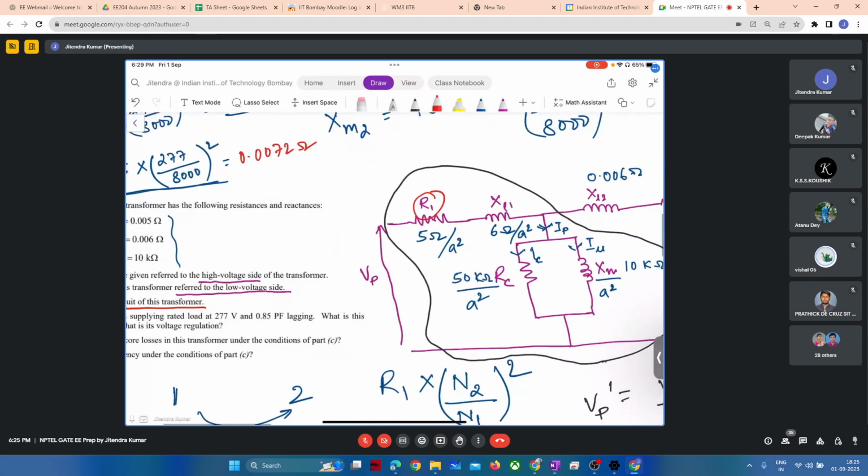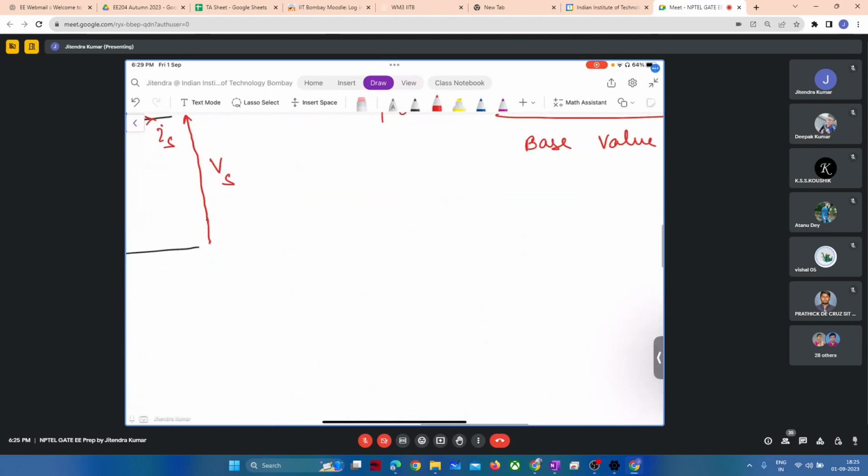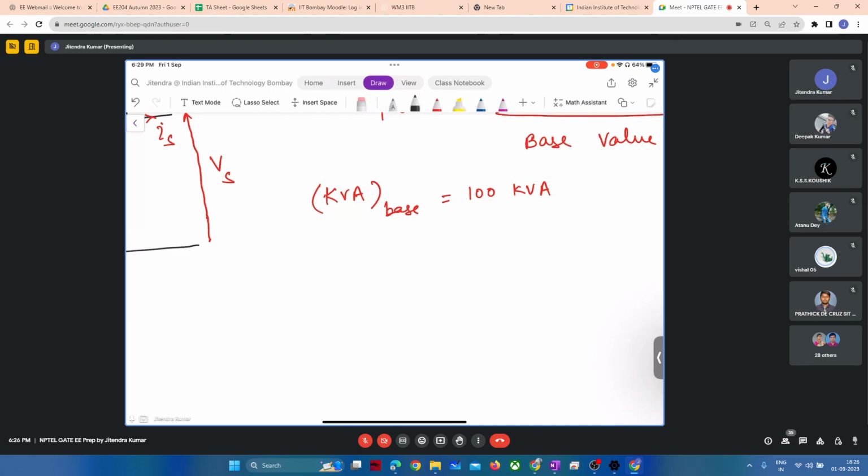So kVA base is already 100 kVA, and the voltage base of the primary side is 8000 volt, and the voltage base on the secondary side is 277.